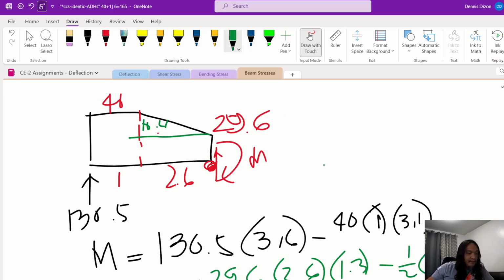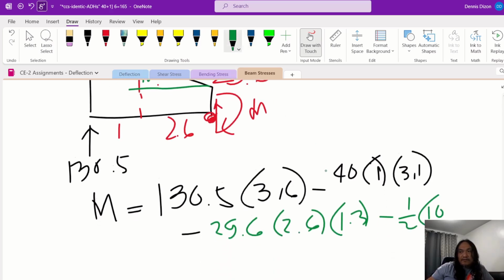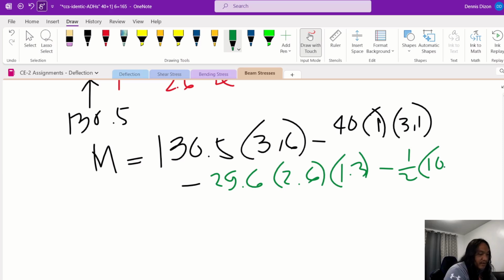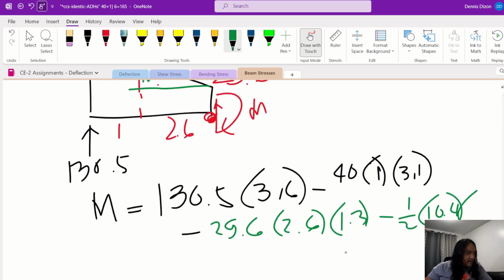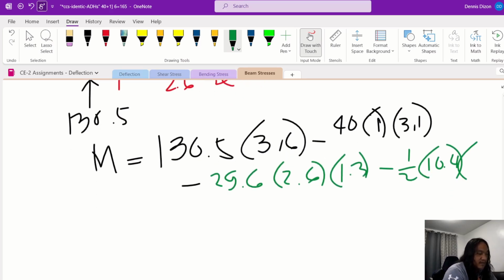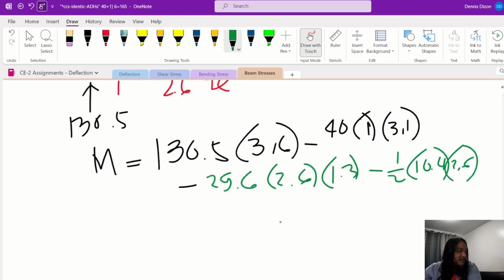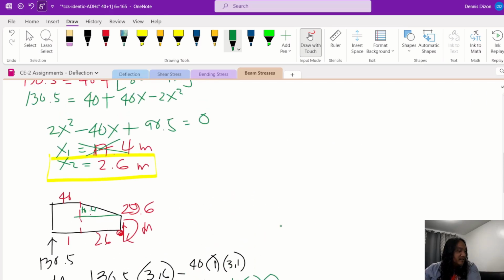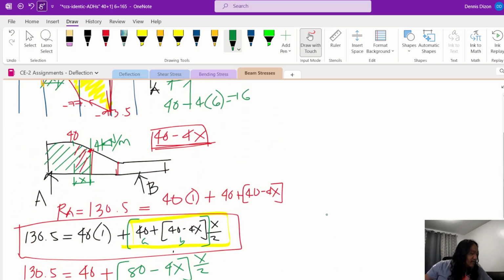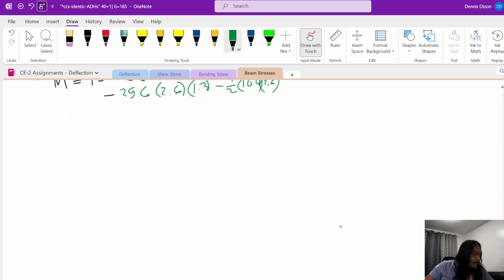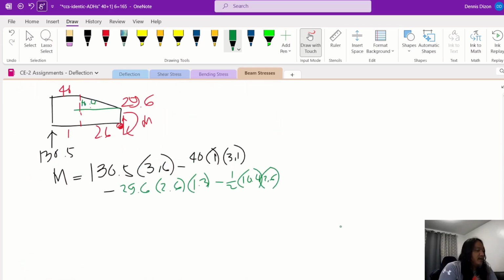29.6 times 2.6 times 1.3, and then minus the triangle, which is one half of 10.4 times 2.6, and then the moment arm is what, 2/3 of 2.6.